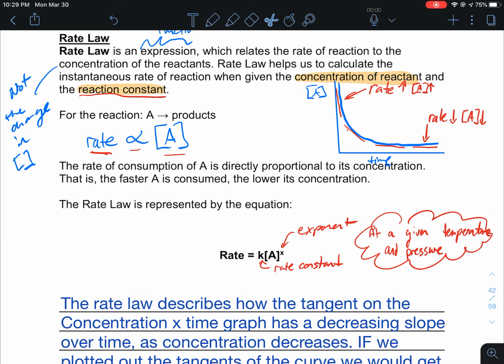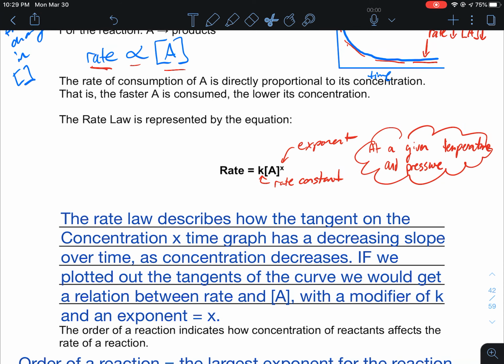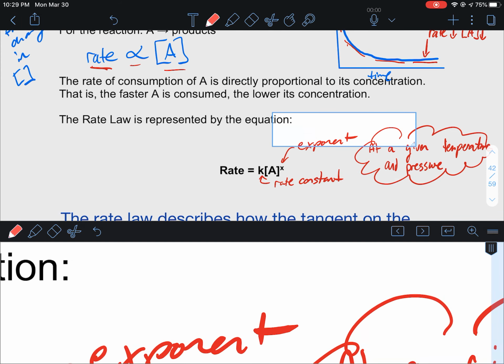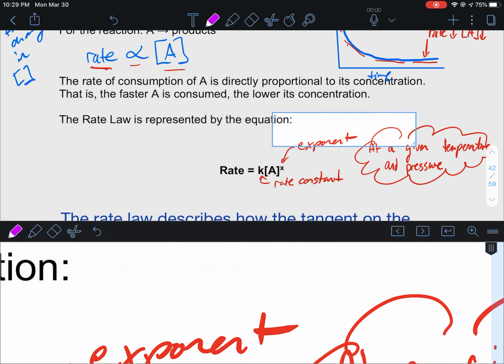That exponent can have any value, from 0 to whatever. In some examples, you might even have decimal values for those exponents. But most of the time, in this class at least, we will use an integer-based exponent from 0 to usually 3.